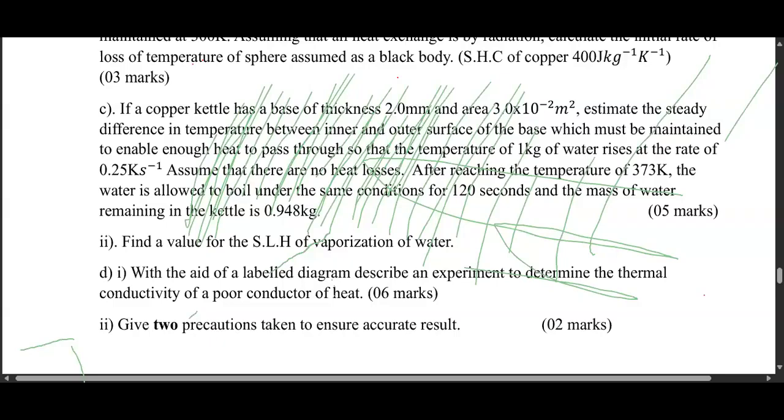So here we consider that the rate of heat transfer is equivalent to the rate at which it is being supplied.